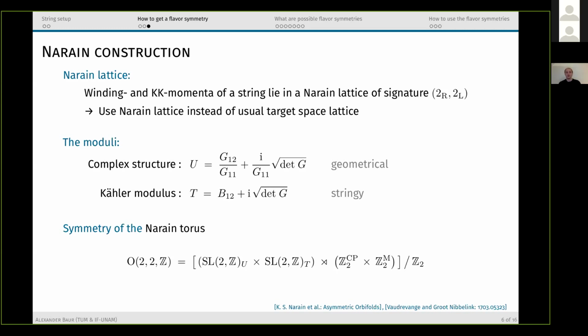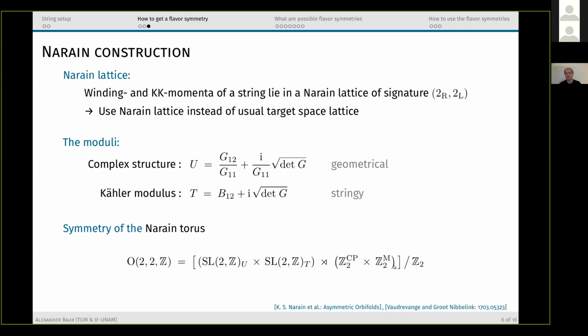Okay. And yeah, during your string theory course, or during my string theory course, I somehow heard that the symmetry of a Narain torus is given by those O(d,d,Z) symmetry groups. For 2 dimensions, this would be O(2,2,Z), which has one SL(2,Z) for the complex structure modulus, another SL(2,Z) for the Kähler modulus, and a Z2, which will somehow correspond to a CP type of symmetry.